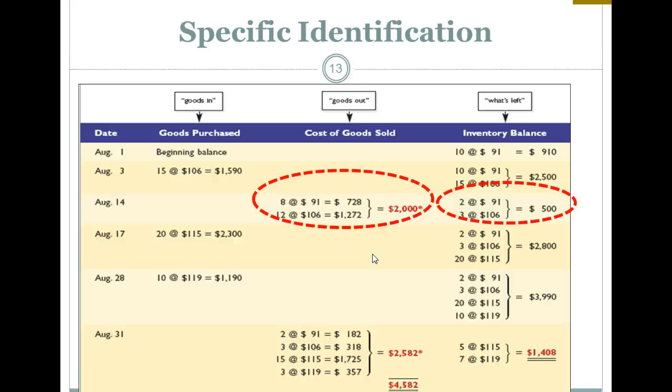The first and the easiest maybe is the specific identification. This is usually where you're dealing with a complex product that has maybe been assembled and you can identify each product. Classic case would be an automobile. Each automobile has a specific identification called the VIN number. It's on your windshield and it's used for identification. These manufacturers or resellers will track their inventory by each individual car.